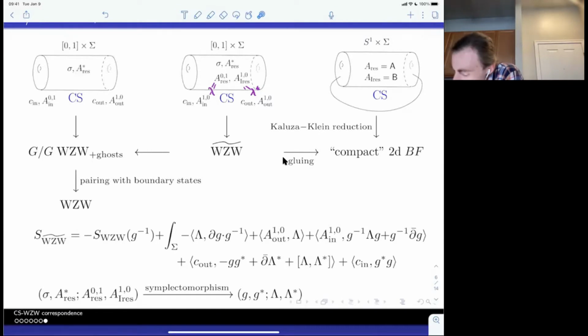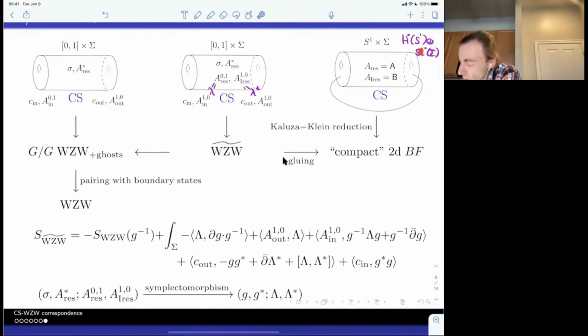Okay, then you also have the following picture: you can glue the two sides of the cylinder into a torus. So you can obtain a circle cross the surface. And then you can calculate the effective action on the smallest model for residual fields, which is just the cohomology of the circle tensored with differential forms on the surface.